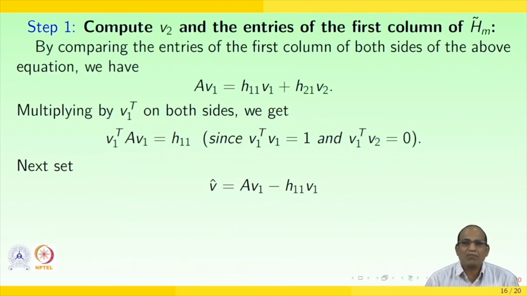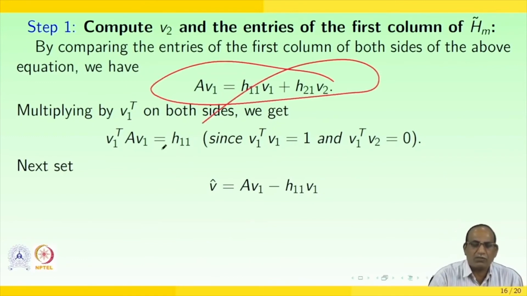In step 1, compute v2 and the entries of the first column of H by comparing the entries of the first column of both sides of the above equation. We arrive at A v1 equals h11 v1 plus h21 v2. Multiplying by v1 transpose on both sides, v1 transpose A v1 equals h11, since v1 transpose v1 is equal to 1 and v1 transpose v2 is equal to 0.